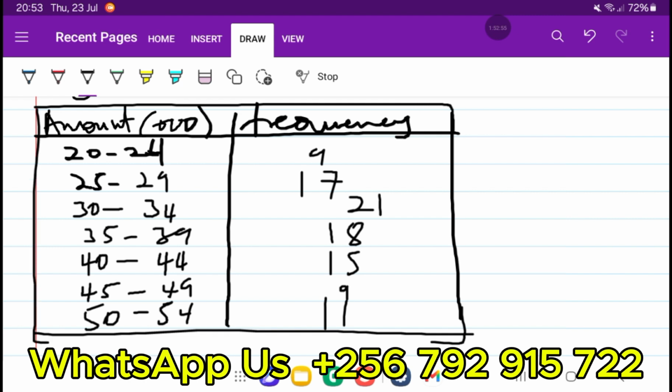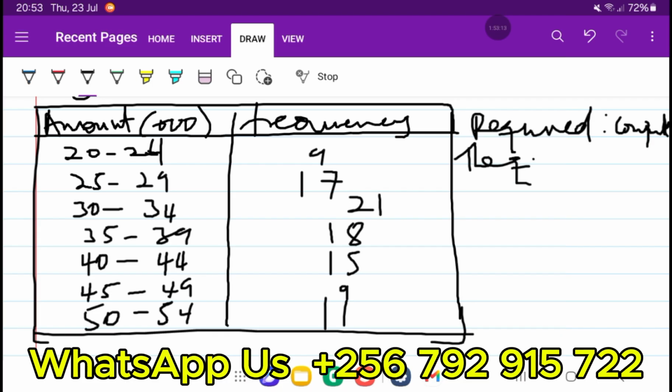Of course, now the requirement is to compute the quartiles of the water expenditure.